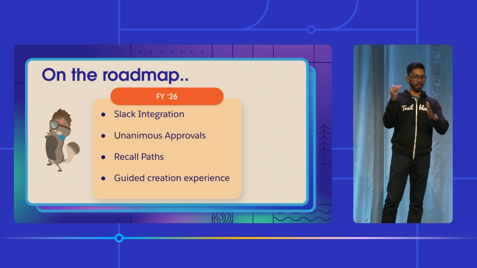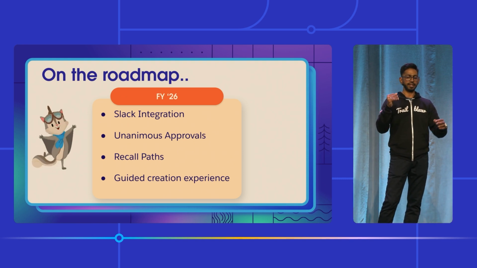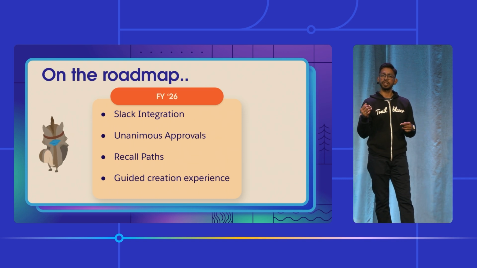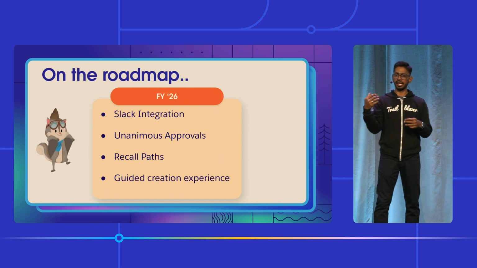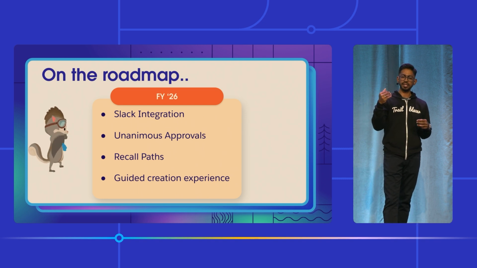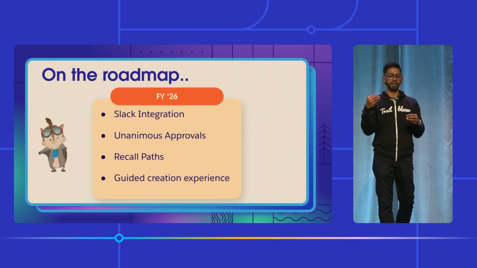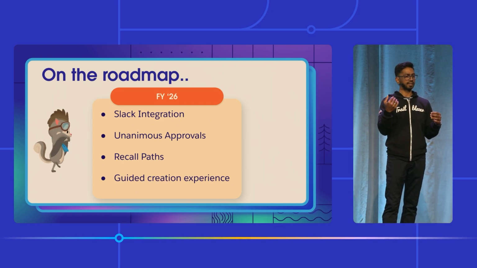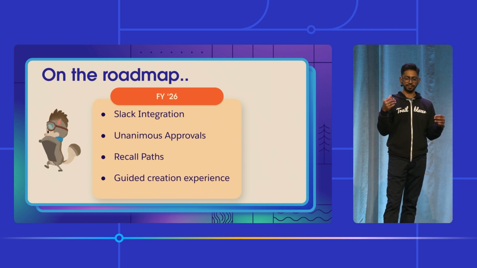There will be two paths, one which is the approval path, and one which will control what happens on the recall. And there's also a guided user experience coming for creation of the approval. You'd be able to answer a bunch of questions, and we will create a skeleton of an approval process for you so that it acts as a good starting point.